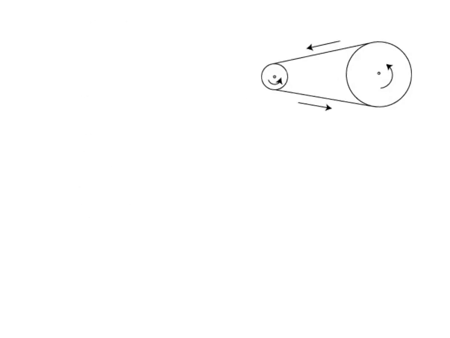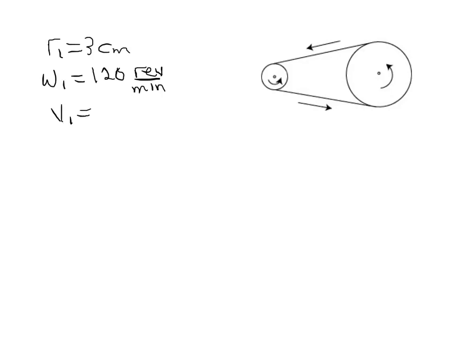Let's just take a final summary of this and look at what we had here. We had R1 as 3 centimeters. The angular velocity of the smaller pulley was 120 revolutions per minute. And it had a linear velocity of 720 pi centimeters per minute.